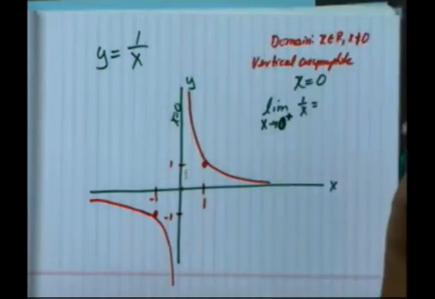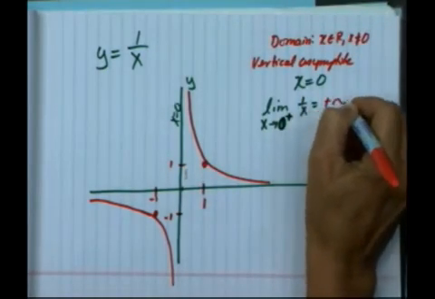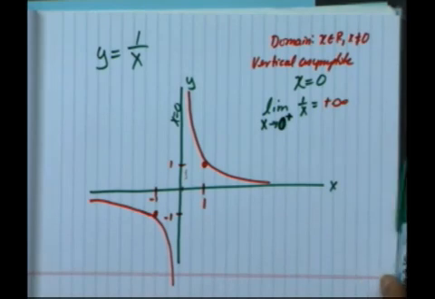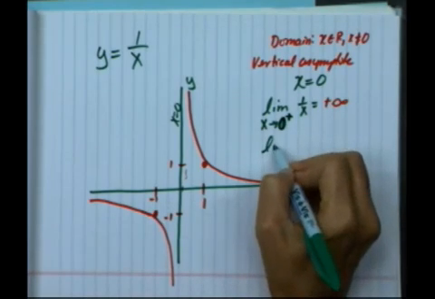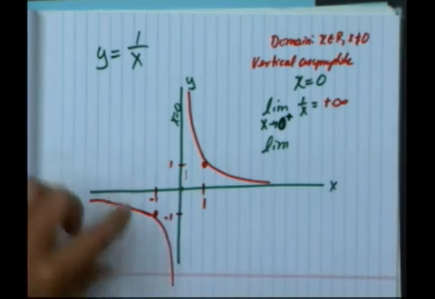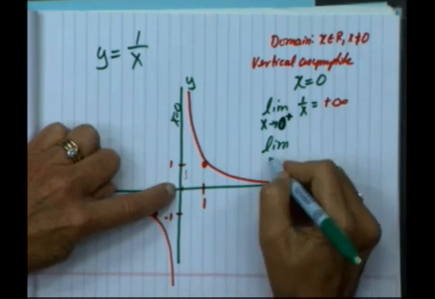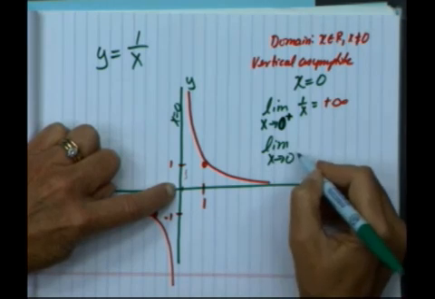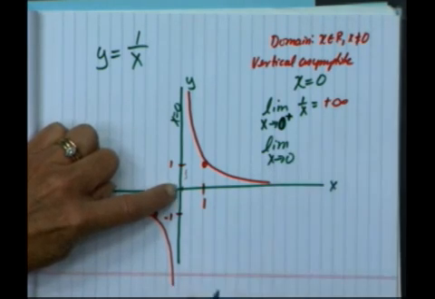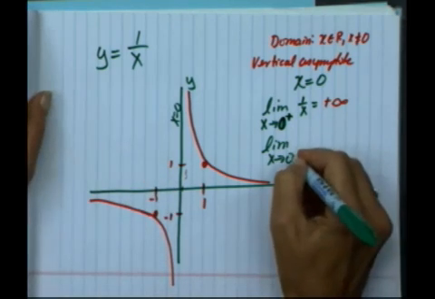Everybody says plus infinity. Okay? How do you bet I write it if I want to be just a hair smaller than 0? Limit as x approaches 0, and what kind of little symbol would I use here, do you bet, if I'm a little bit smaller? A little minus.